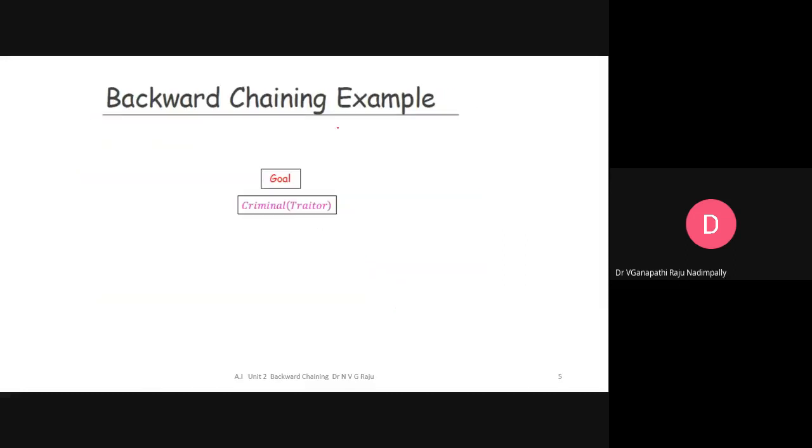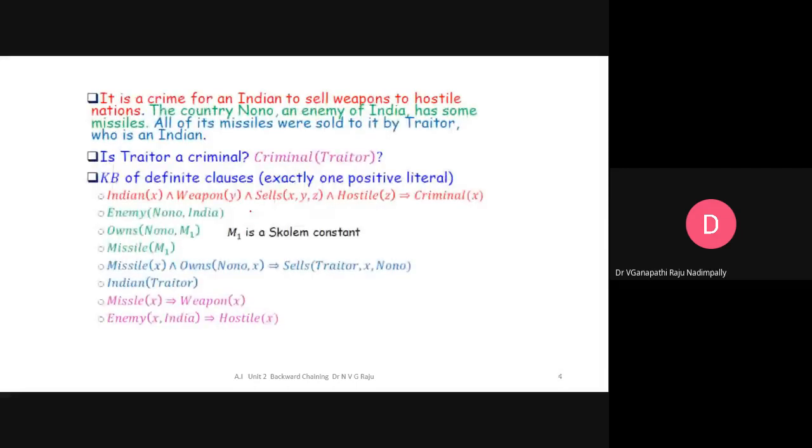Now, in backward chaining, we have to start with the goal. The goal is the traitor. We have to prove that he is a criminal. As per this statement, is the traitor a criminal? This is an FOL statement. Now, what do I have to prove? I have to start my problem here and consider all these statements. At the end, I have to show the facts.